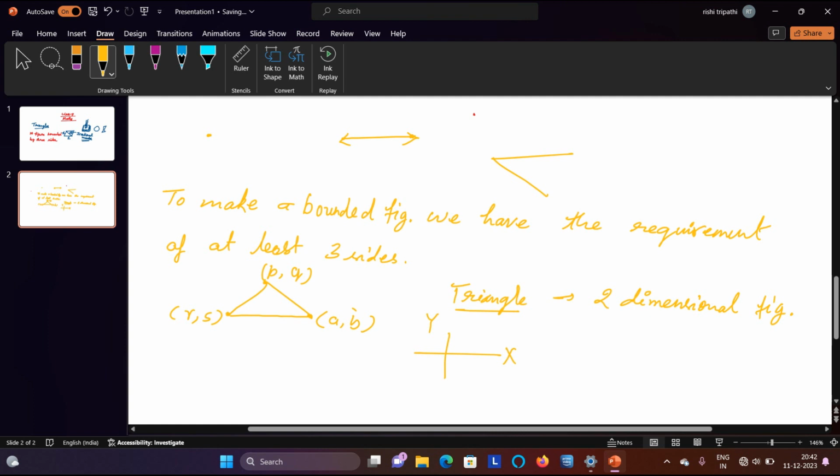You know that the three-dimensional figure of a triangle can be a prism, and a prism will look something like this.